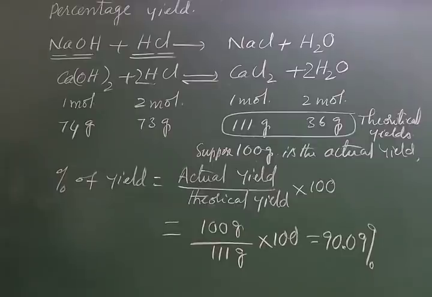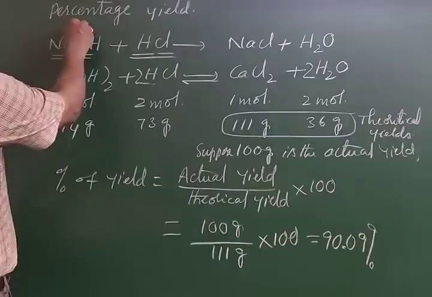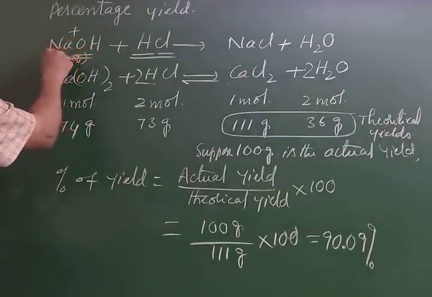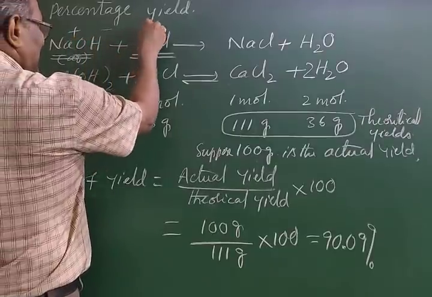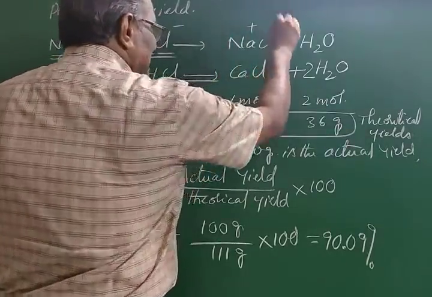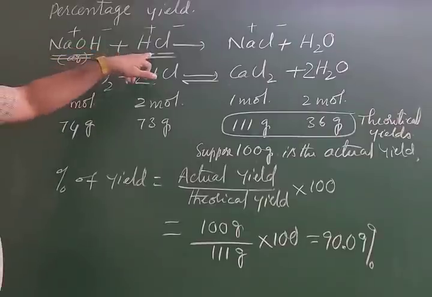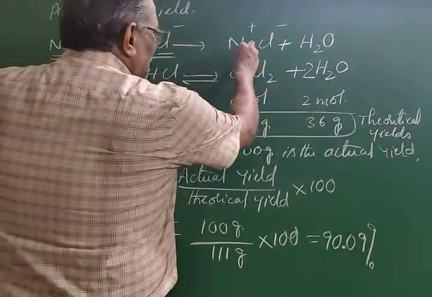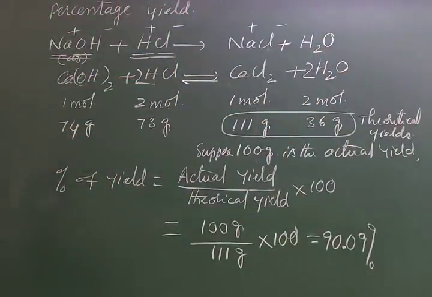In very few reactions, like the reactions between ions, sodium hydroxide in aqueous solution contains Na plus ions and OH minus ions. HCl contains H plus ions and Cl minus ions. They are completely ionized. In NaCl also, Na plus and Cl minus ions are completely ionized. As these are completely ionized, the sodium ions or chloride ions do not react with water to form sodium hydroxide or hydrochloric acid.